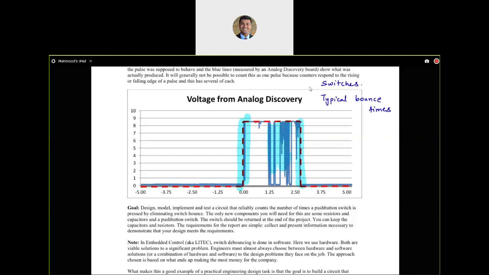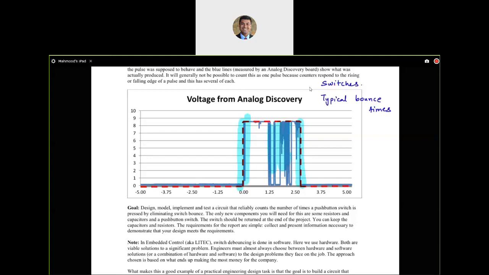We have several types of switches in project 3. The one that I'm going to use in the hardware is going to be a push button, and there could be other types of switches that have this issue of bounce. The problem is not being able to cleanly go from one state to the other, and this could lead to a big problem.